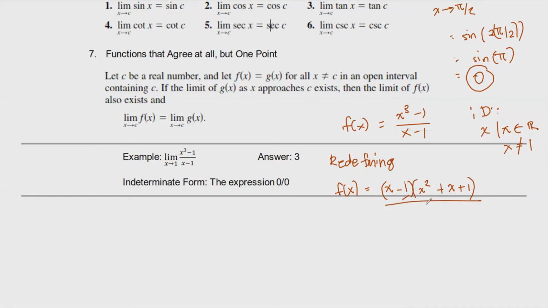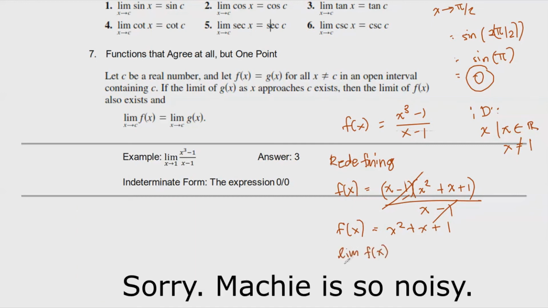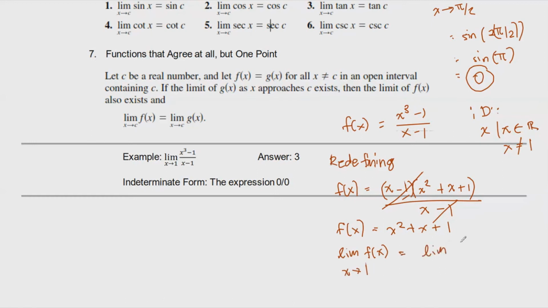And then we can just divide it by x minus 1. By this redefining, we can cancel out x minus 1 and we're left with x squared plus x plus 1. Finally, if we substitute this into our limit, this expression is equivalent to the limit of x squared plus x plus 1 as x approaches 1.